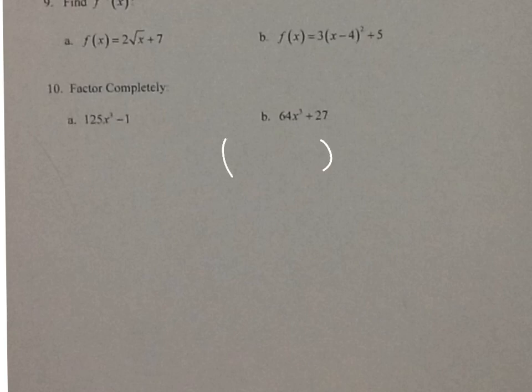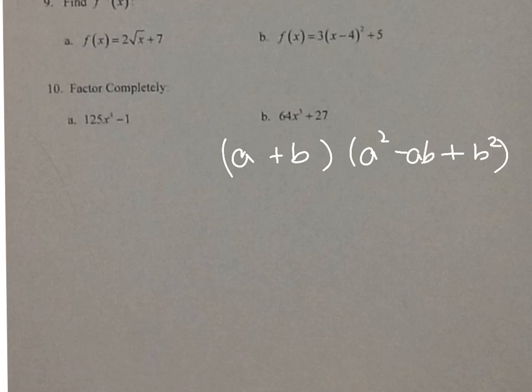All right, so parentheses, same sign, opposite sign, always positive. It's a squared, b squared, and in the middle is ab. All right, so a is the cube root of 64x cubed, which is 4x. B is the cube root of 27, which is 3.